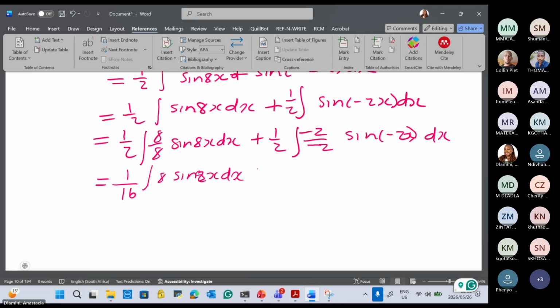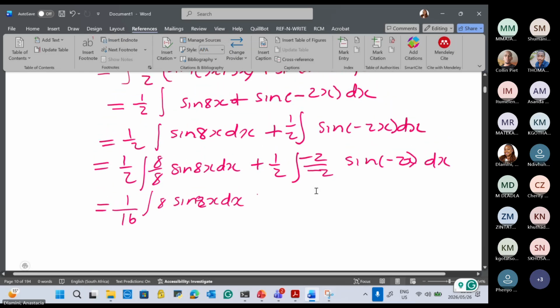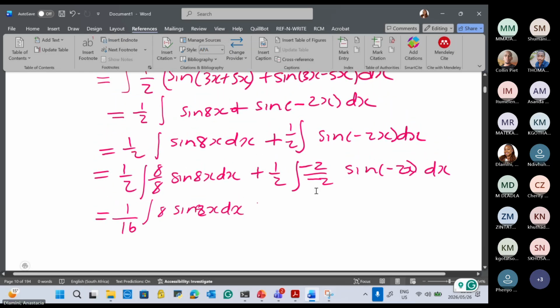The cos of 8x, if we integrate it. Cos of 8x. Not negative. It's negative, yes, I mean negative, sorry. Yes, negative cos.